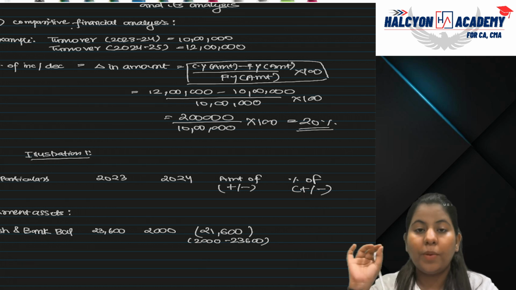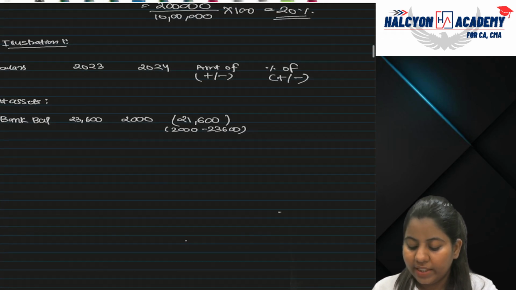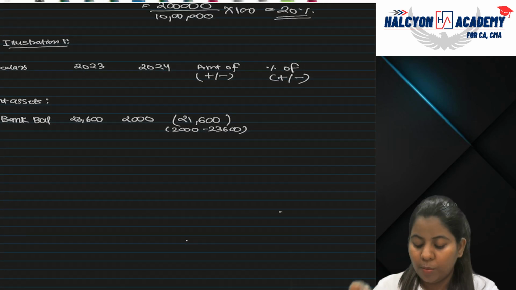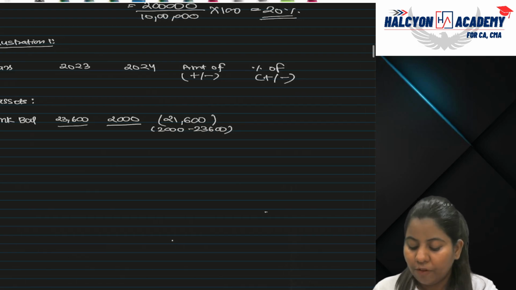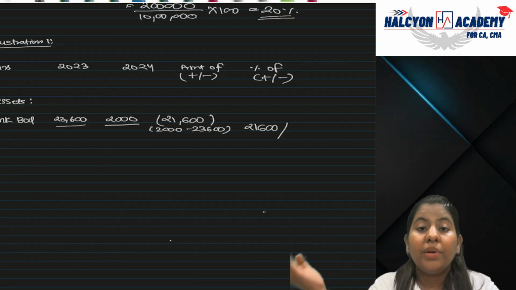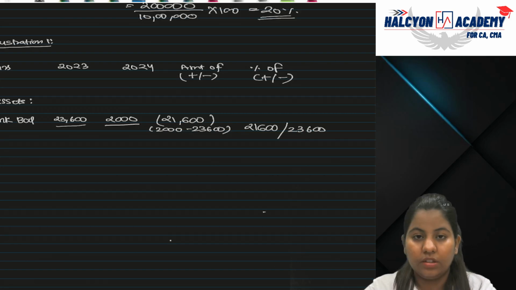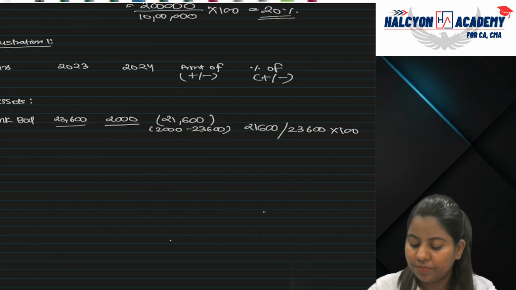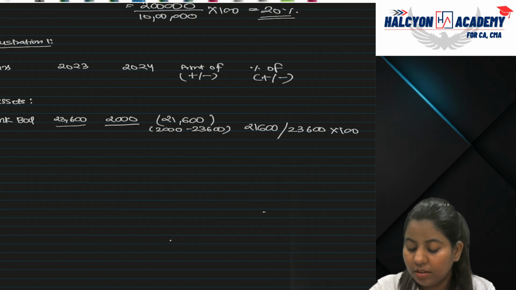Current year amount minus previous year amount, that means 2,000 minus 23,600, which we have already calculated, that is 21,600, divided by previous year amount, that was 23,600, into 100.